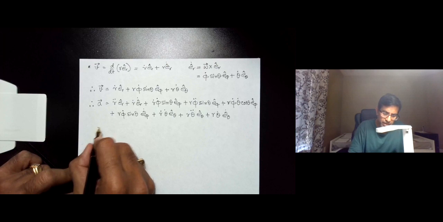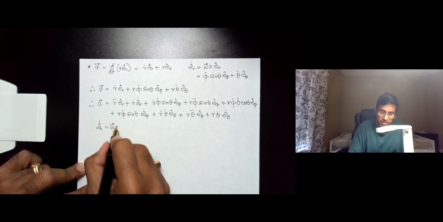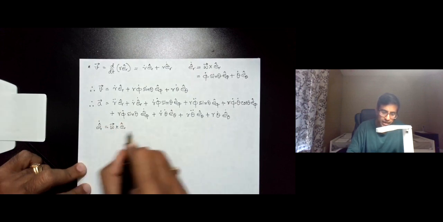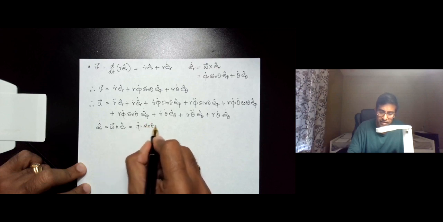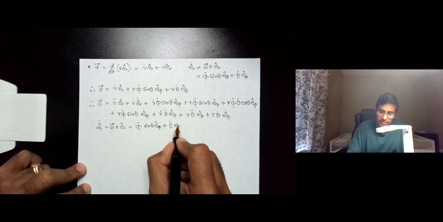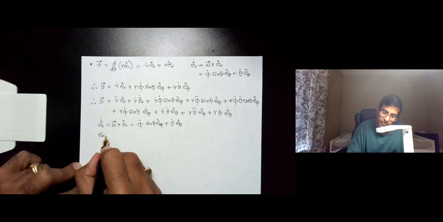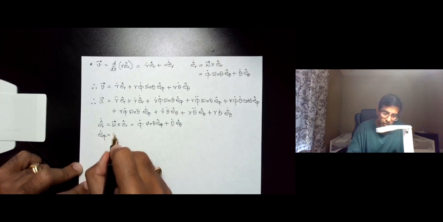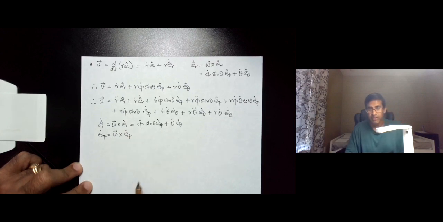Now ER dot, as we have just pointed out above, is equal to omega cross ER, and we have the expression for that, phi dot sine theta E phi plus theta dot E theta. And similarly, E phi dot is going to be omega cross E phi, and you can easily carry out the cross product here.